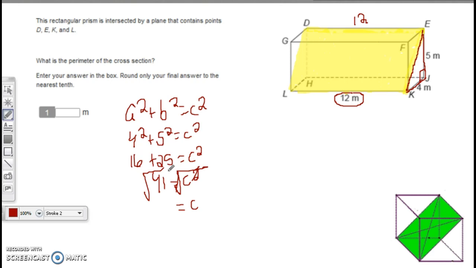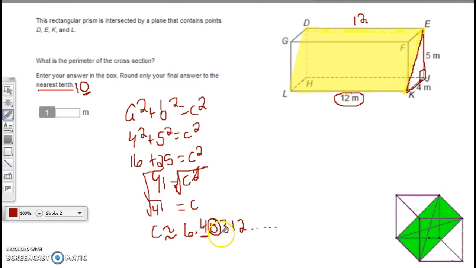So let me write down the exact answer. But then it says round your final answer to the nearest tenth. So let me write down what it approximately is: 6.40312, and so on. If I want to round to the nearest tenth, I want to go 1 decimal place, and I look at the number behind it.